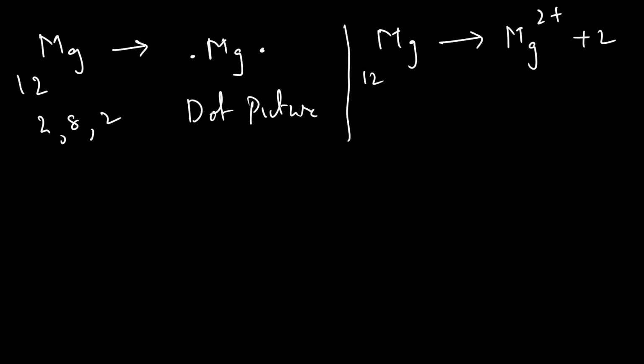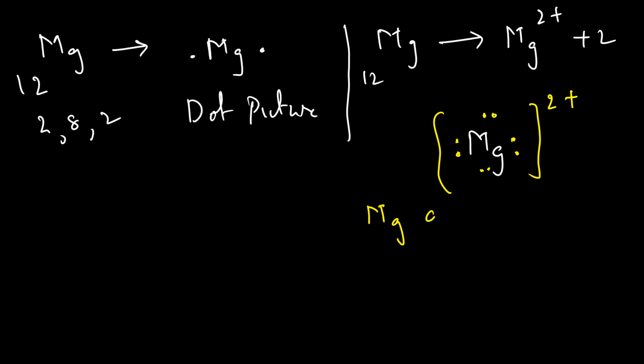What is the electron picture for the magnesium ion? Since 2 electrons are lost, the second shell becomes the outermost shell, with 2 here, 2 here, 2 here, 2 here. Therefore, this is the magnesium dipositive ion.